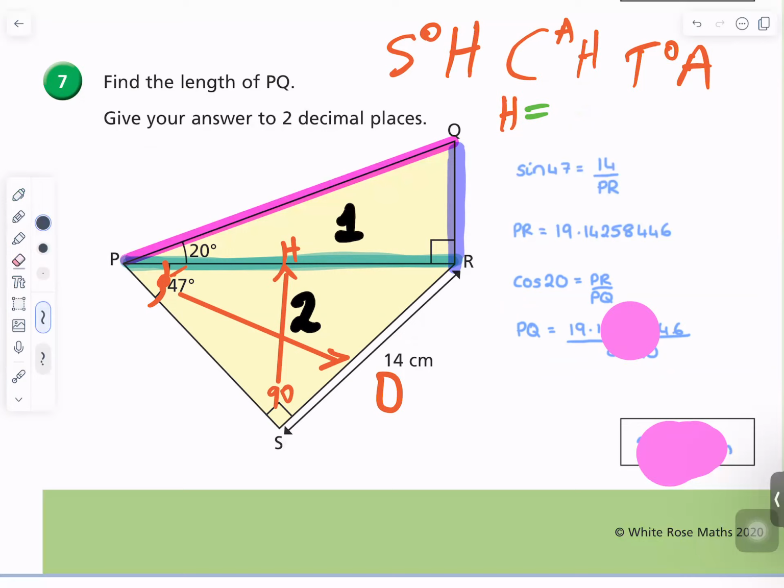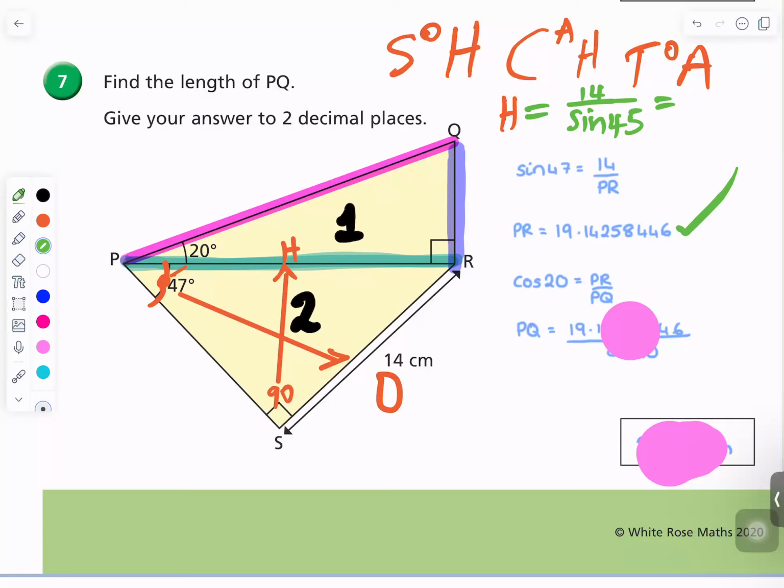So put in your calculator 14 divided by sine 47. What do you get? 19.1. Yes. And at this stage, don't round the answer to 2 decimal places. Write all the numbers down. Because we need it now to do the second part.